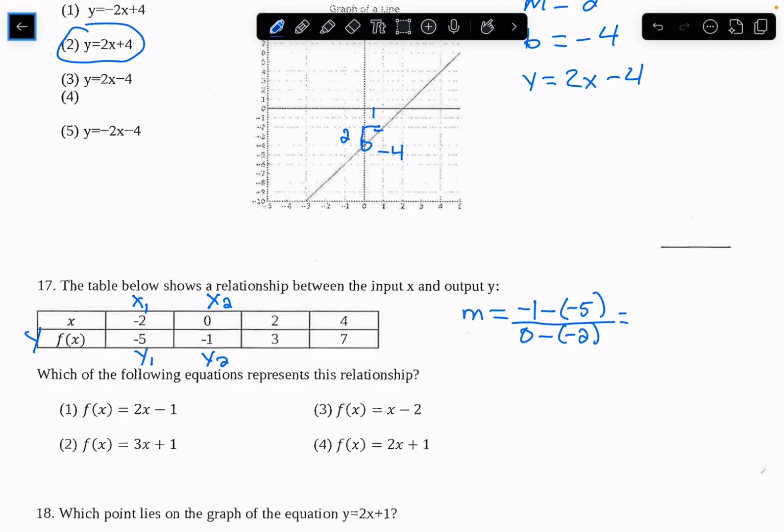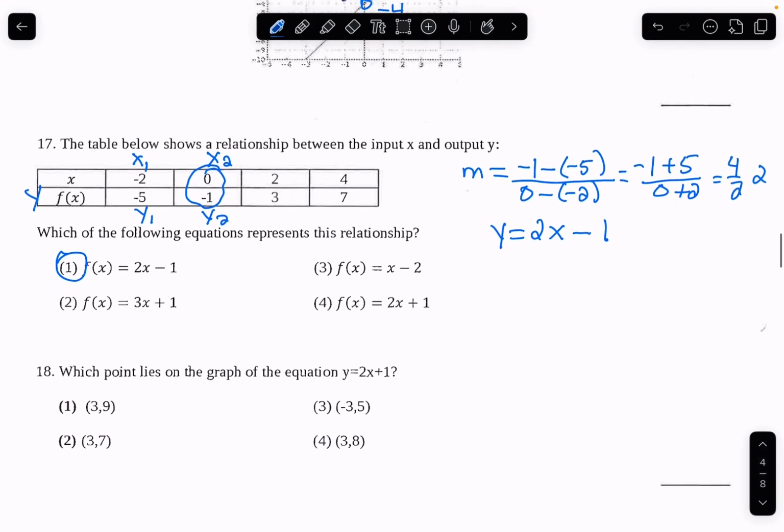Okay, so this becomes -1 plus 5 over 0 plus 2. So this is 4 over 2, which is 2. Now we have y is equal to 2 times x. Now, what's the y-intercept? Well, the y-intercept happens when x is equal to 0, so the point's given to us, right? When x is 0, y is -1. So we just put -1 here. That's the b. And so we have the first equation represents that relationship.